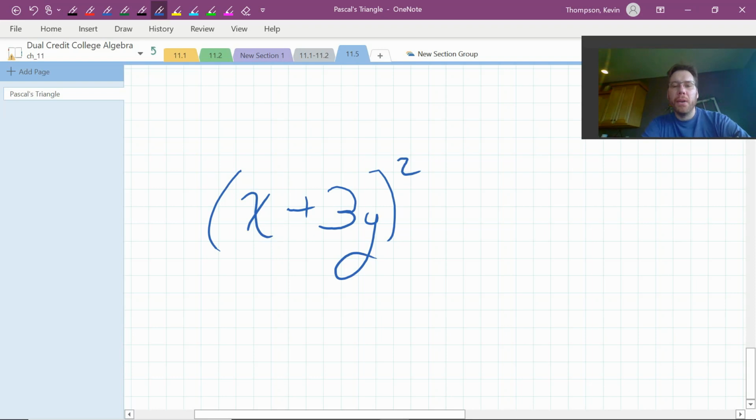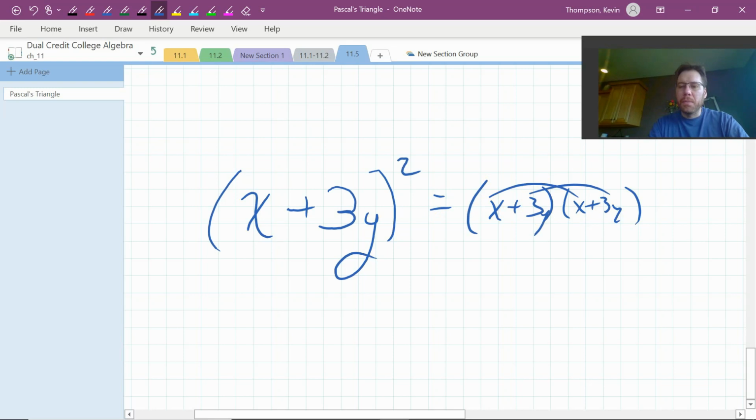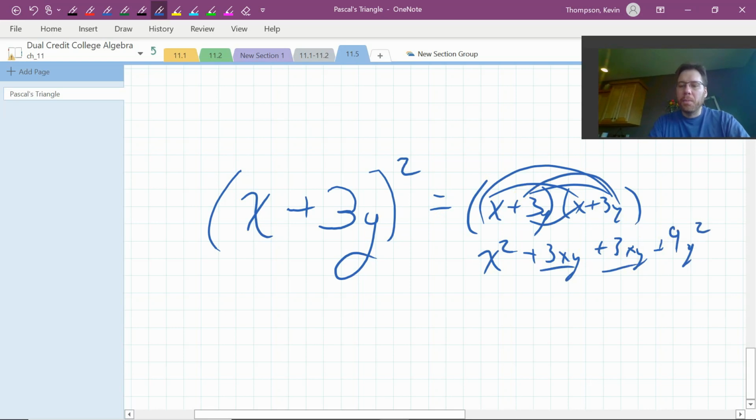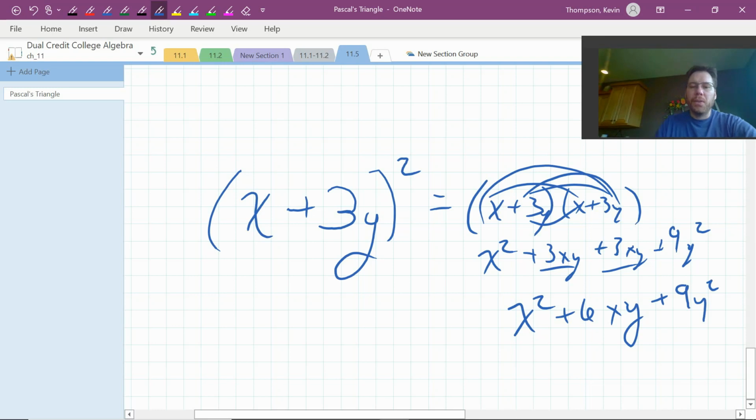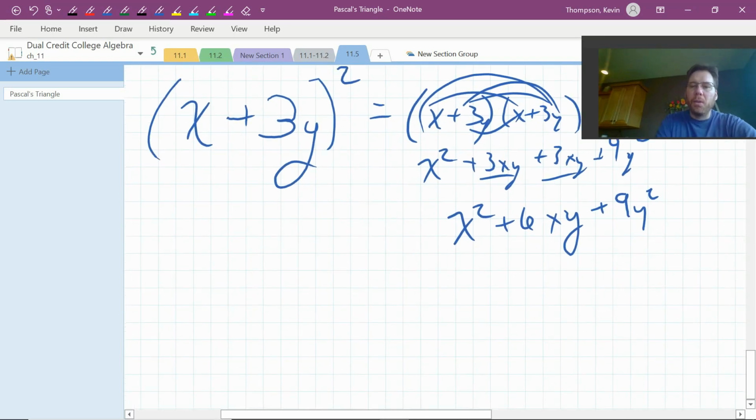Okay, now I know that we could write this out, so the quantity x plus 3y, quantity squared, we could say x plus 3y times x plus 3y, and distribute x squared. We get a plus 3xy, we get another plus 3xy, we get a 9y squared. Like terms in the middle, final answer x squared plus 6xy plus 9y squared.